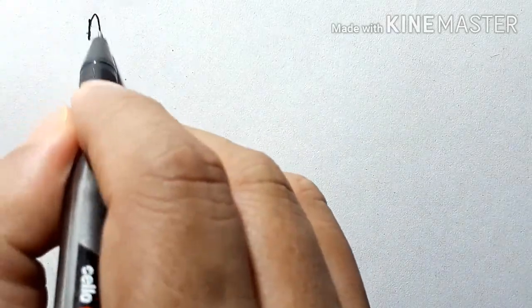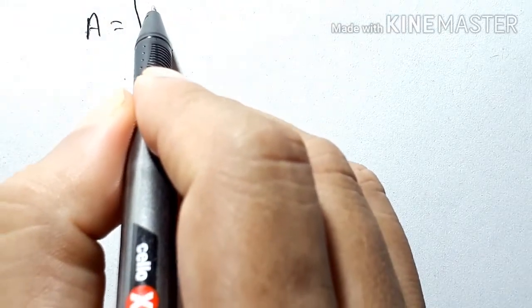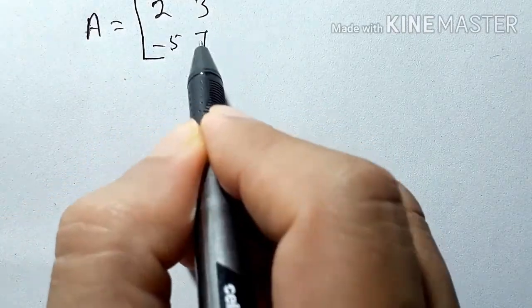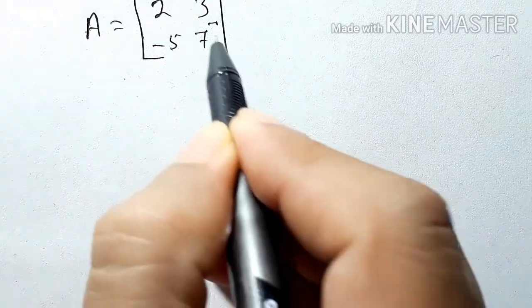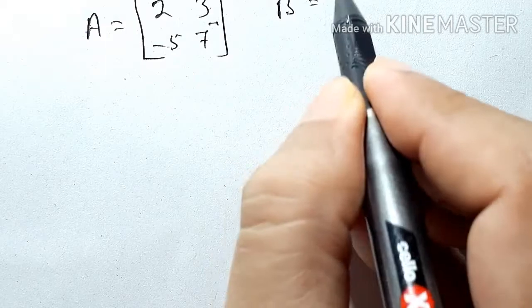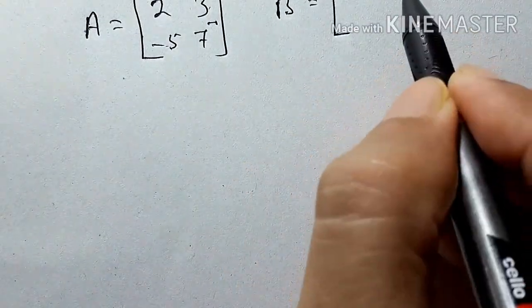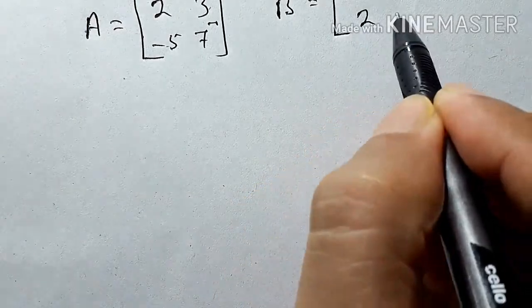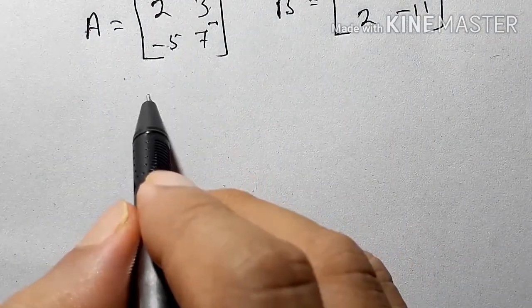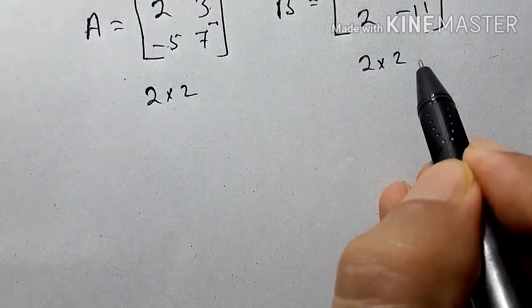Suppose matrix A is like this: 2, 3, minus 5, 7. And matrix B equal to 4, 6, 2, minus 11. The order of this matrix is 2 into 2, and the order of the other matrix is also 2 into 2.